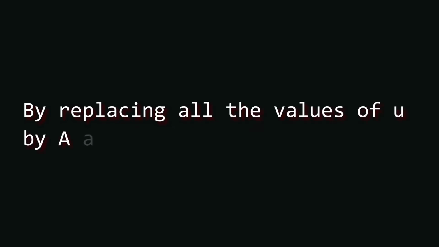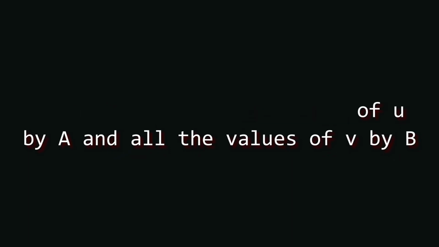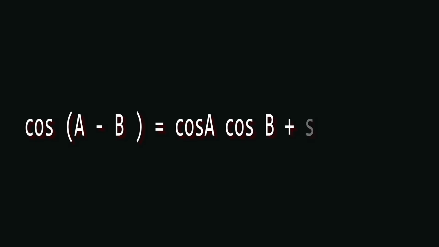And by replacing all the values of u by A and all the values of v by B, we can now have the cosine difference identity, which is the cosine of A minus B is equal to cosine A cosine B plus sine A sine B. So geniuses, we just derived the cosine difference identity.